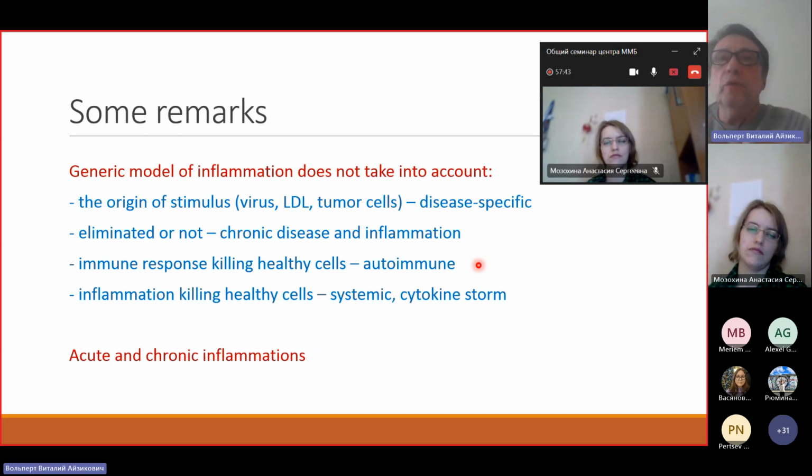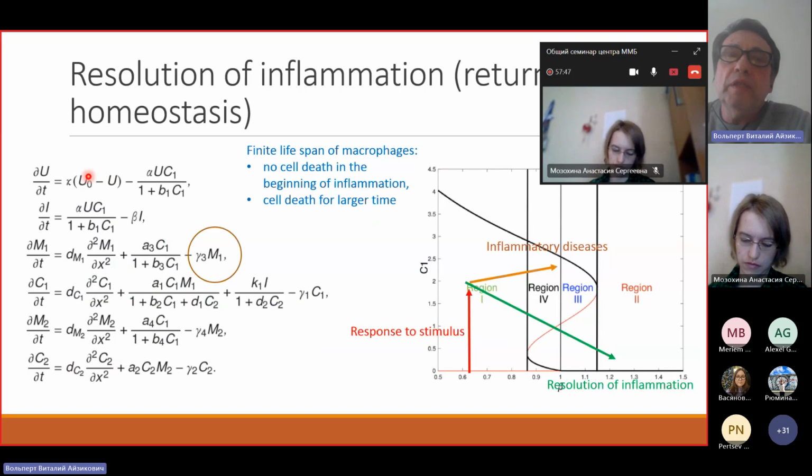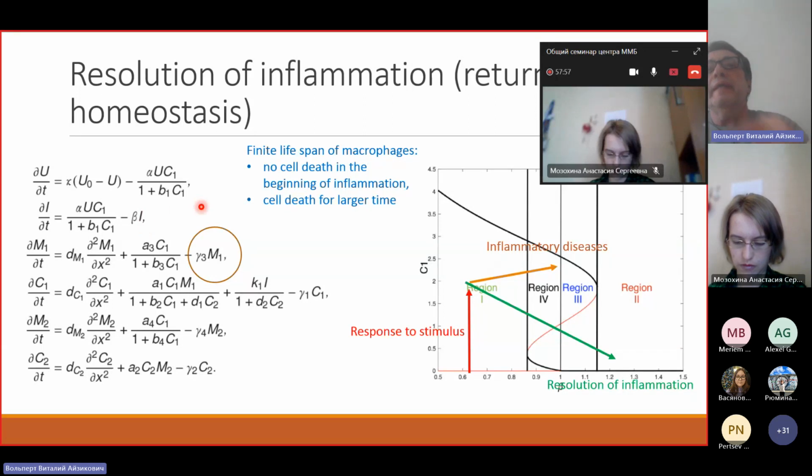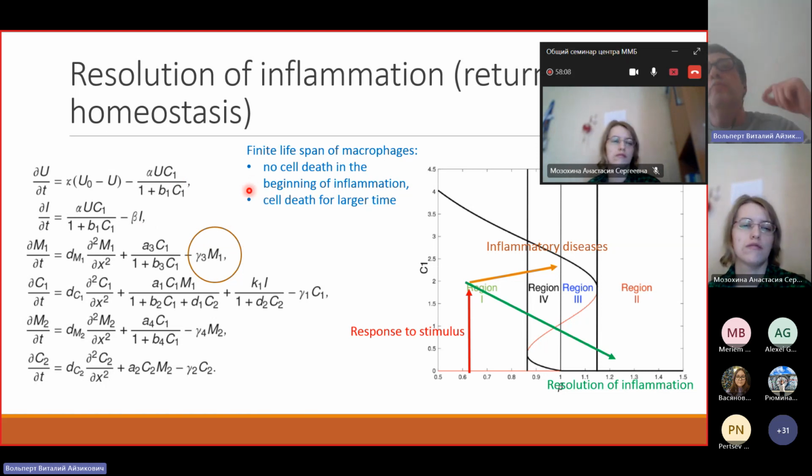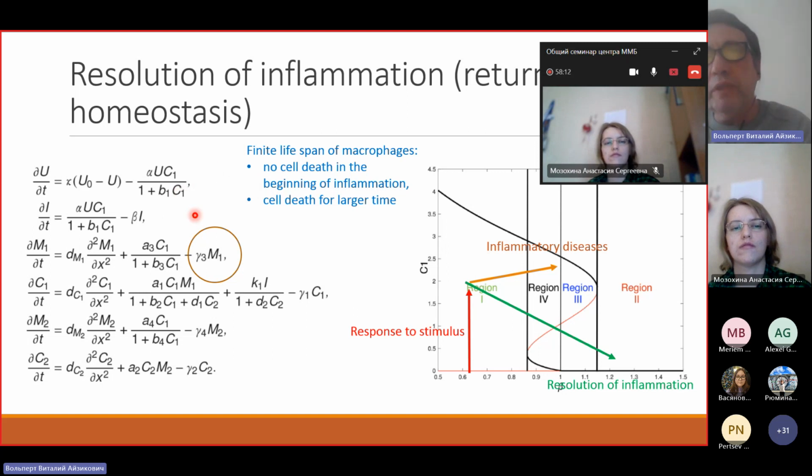If we return to this model, we have uninflamed cells become inflamed cells, but we don't take into account that these uninflamed or inflamed cells can be killed by immune cells. So if we want to describe autoimmune diseases, we need to introduce some additional terms. As we introduce something else to describe return to homeostasis, we need to introduce something else to describe autoimmune diseases.